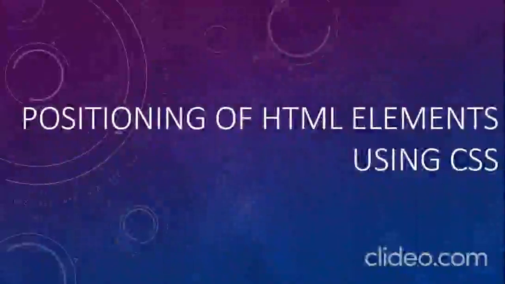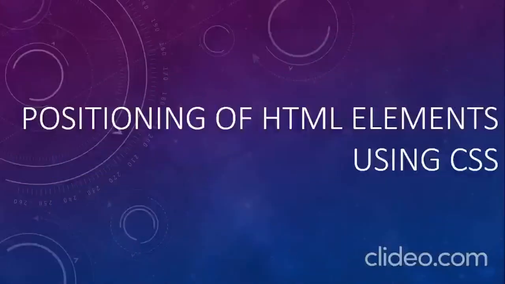Today we will talk about positioning HTML elements using CSS. This will help you with an example containing different positioning on elements, and this is useful to position things properly on a website.